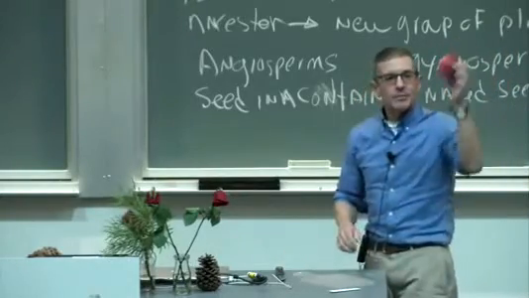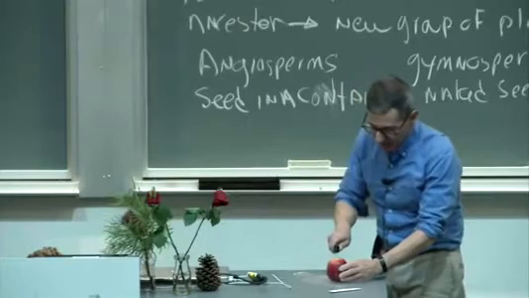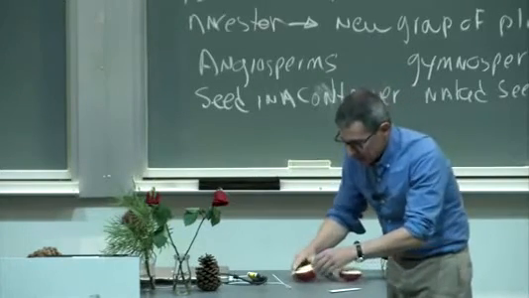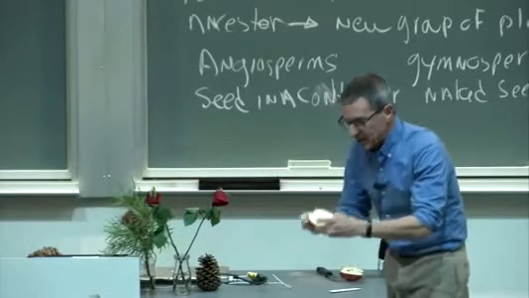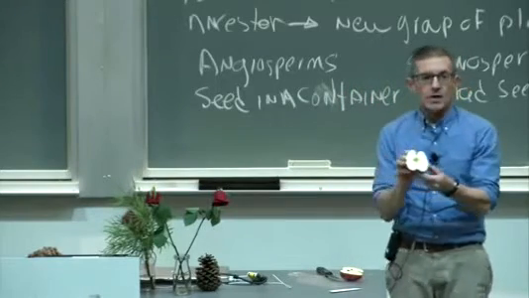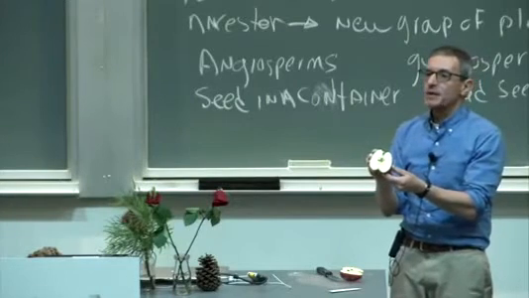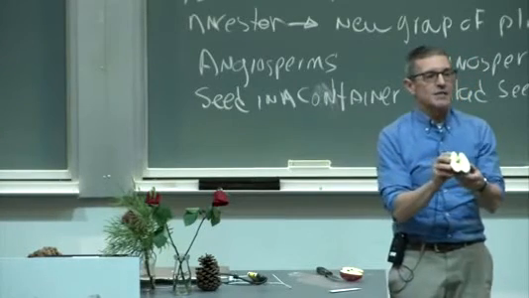Here is an apple that most of you are familiar with. And if we cut the apple down the center, and we're lucky, what you can see is that in the center of the apple are the seeds. These seeds are not exposed directly to the outside. They are in this container.